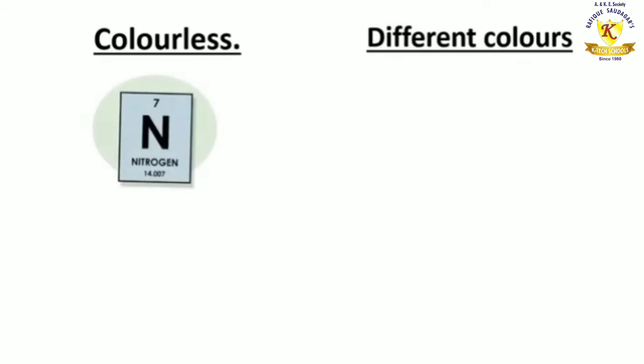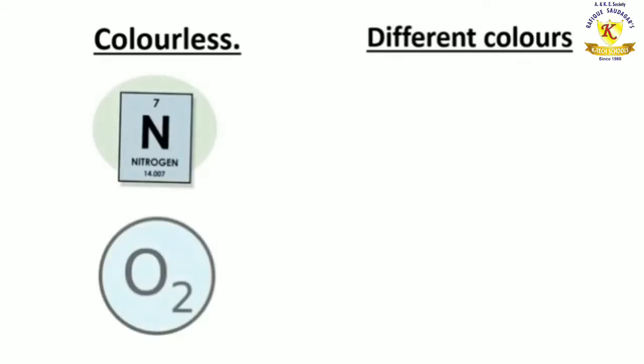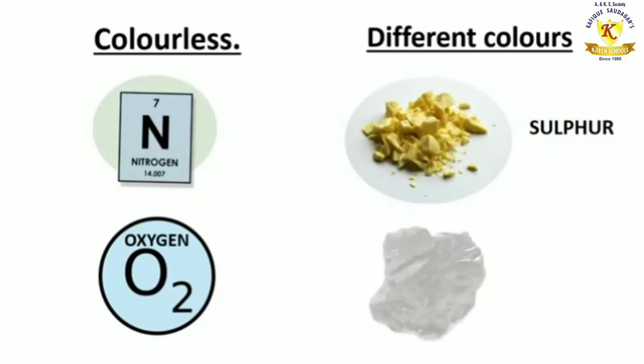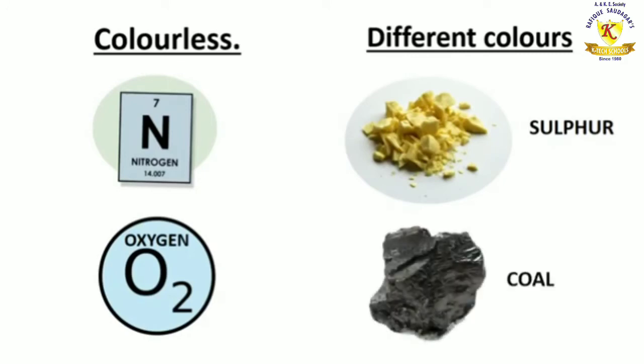Now, some non-metals are also colorless, while others have different colors. For example, in colorless we have nitrogen and oxygen, and among the different colors we have sulfur, which is yellow in color, and coal, which is black in color.